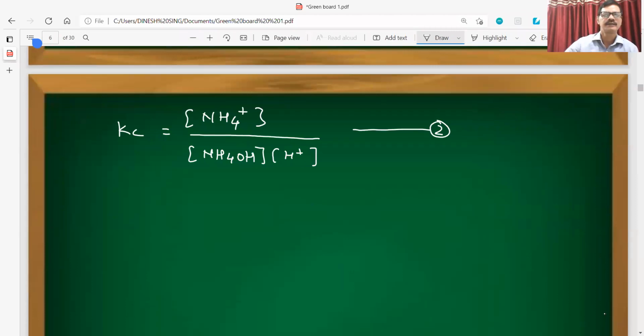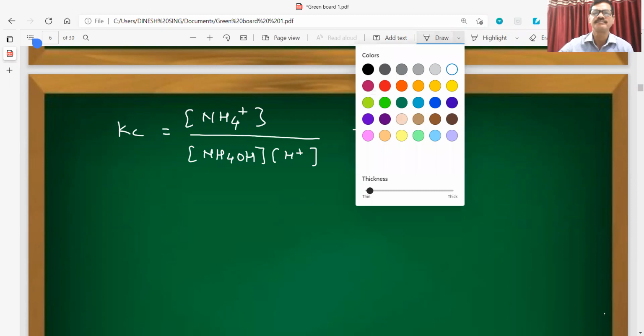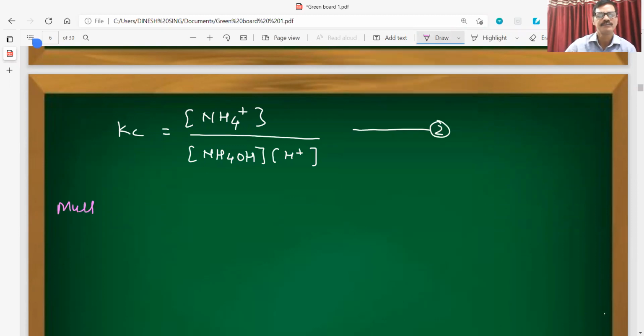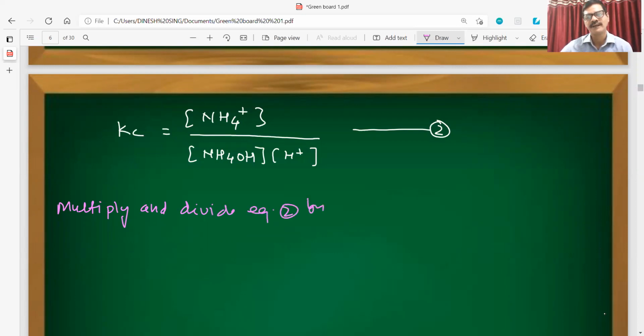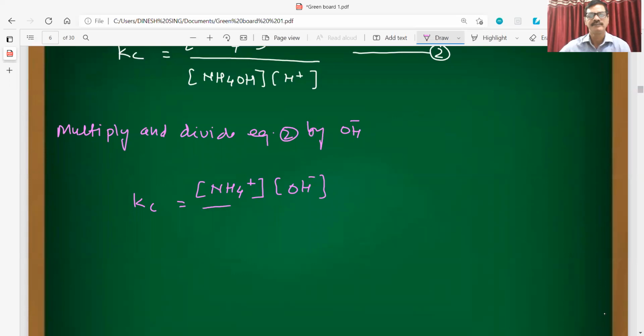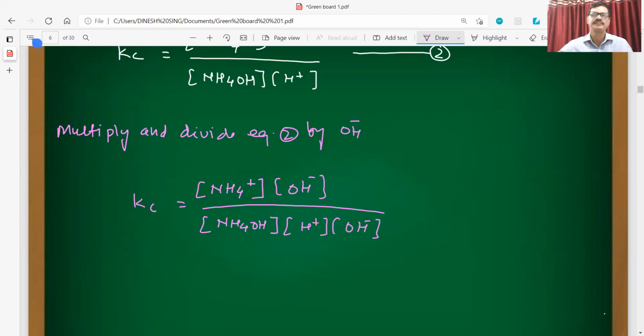If we multiply and divide equation 2 by OH minus, we will get Kc equal to the concentration of NH4 positive into the concentration of OH minus divided by the concentration of NH4OH into the concentration of H positive into the concentration of OH minus.